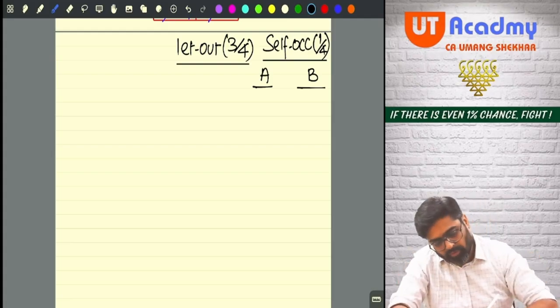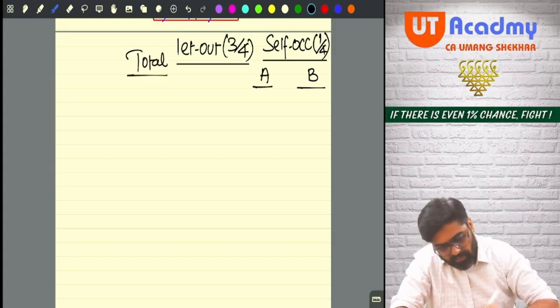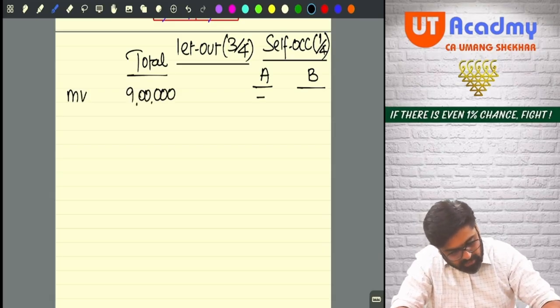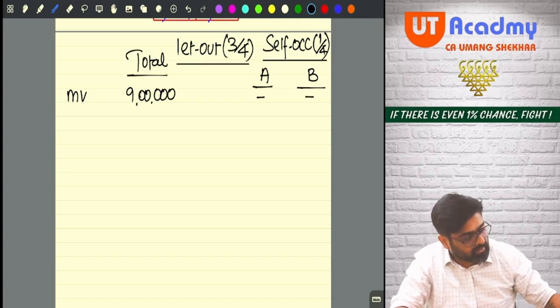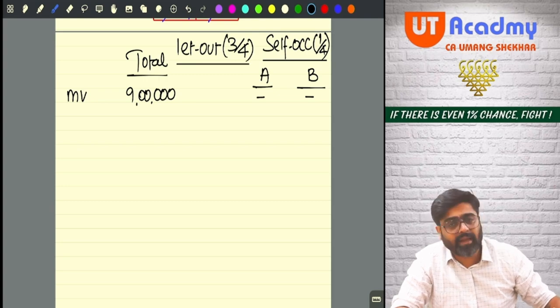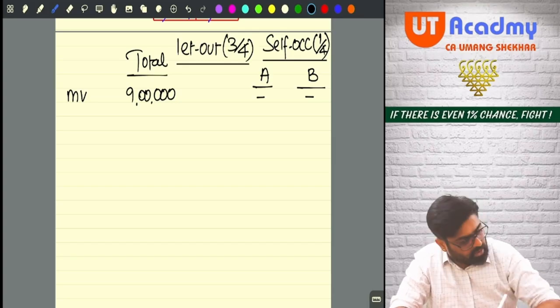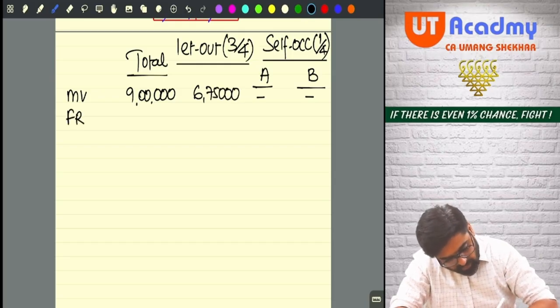Getting my point? So now I will write down the total amounts over here. So municipal value is 9 lakhs. Here it will be 9 lakhs into 3 divided by 4. Can I do 75% also? 75% also same. Yes or no? So this will be 6,75,000. Now fair rent not given.